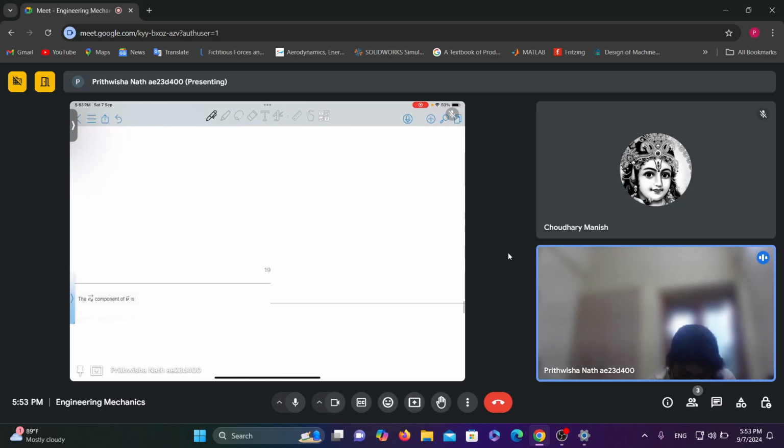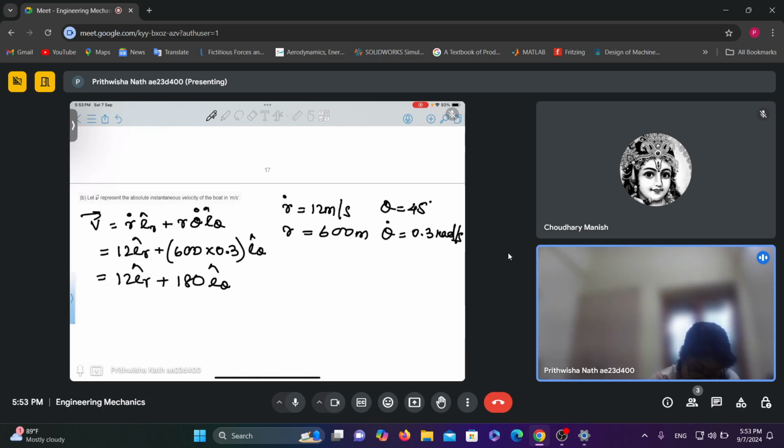E theta component. So the E theta component is 180.